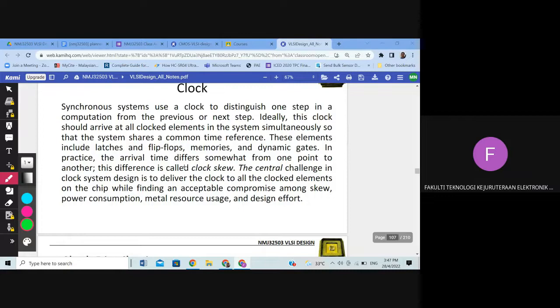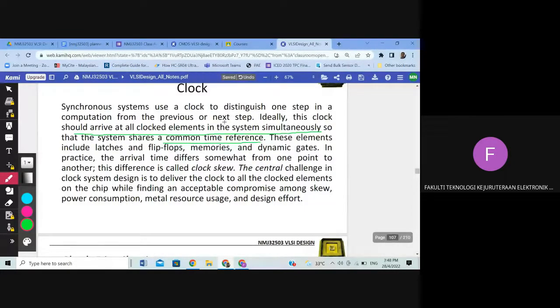The main thing is that the clock must arrive at the sequencing elements, either flip-flops, latches, or memory elements, simultaneously, concurrently. So the system shares a common time reference.